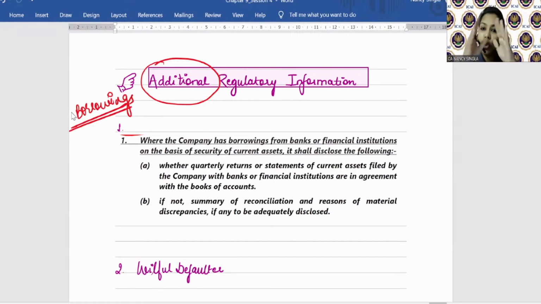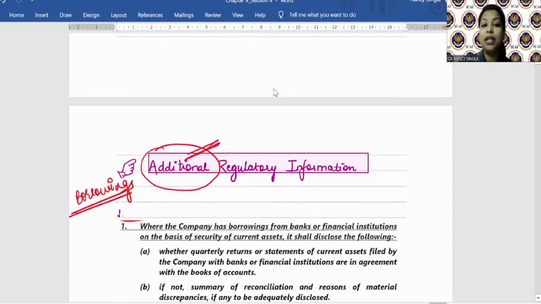The disclosure of borrowings will come as it is given in Part 1 of Schedule 3 to the Companies Act 2013, which we have discussed in our earlier session. Apart from that, as the name suggests, additional regulatory information that the company is required to give. And students, when we do chapter number 10, you will see that we will do CARO 2020 in detail.